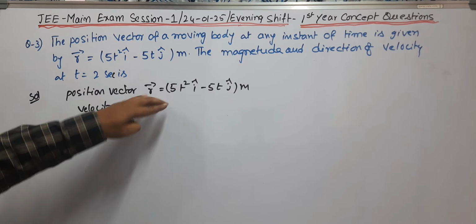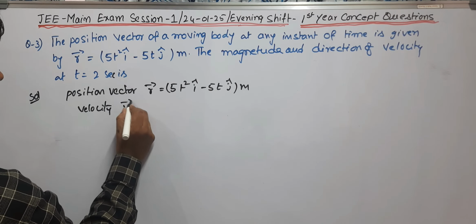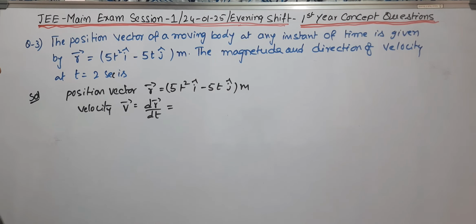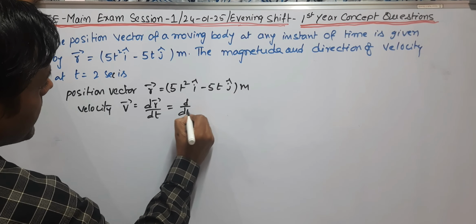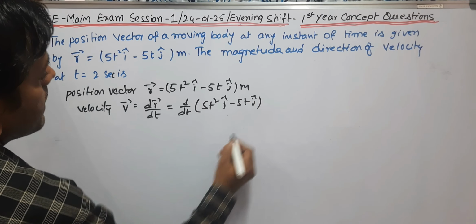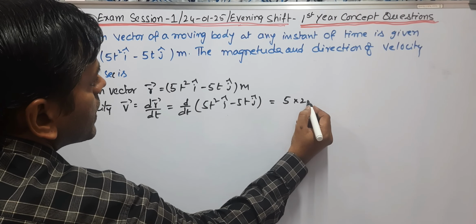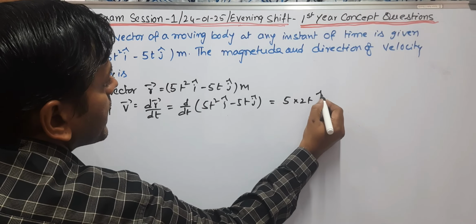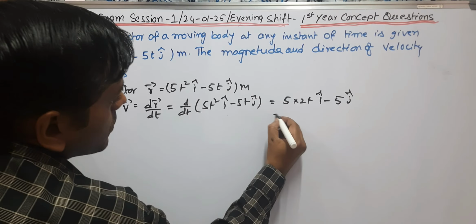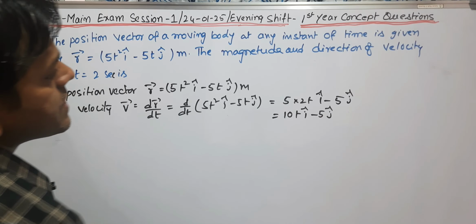This is the position vector of a moving body. So, its velocity at any time, v bar, is the first derivative of displacement, dr bar by dt, which is d by dt of 5 t square i cap minus 5 t j cap, which is equal to 5 into 2 into t, isn't it, into i cap minus 5 into j cap, which is 10 t i cap minus 5 j cap.